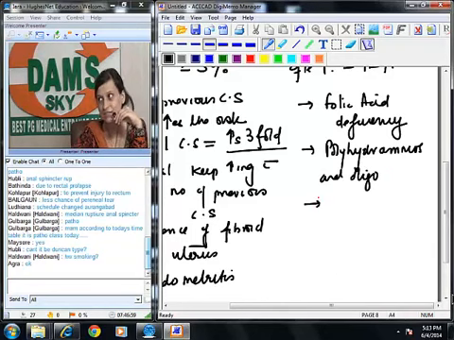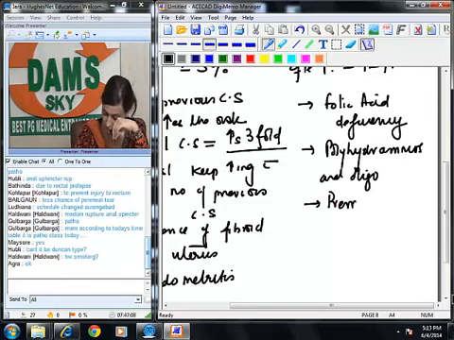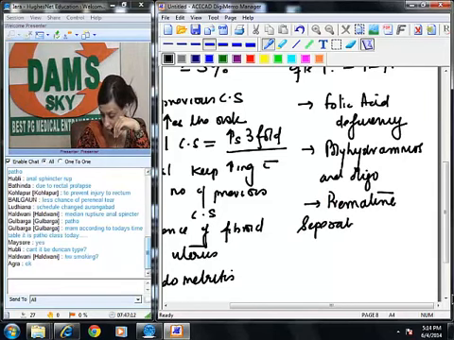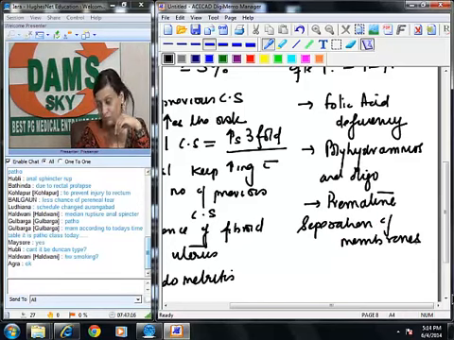So poly is increased liquor, oligo is decreased liquor. Both can cause abruption. Premature separation of membranes is again a risk factor.